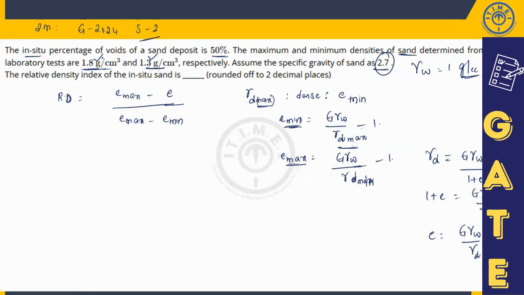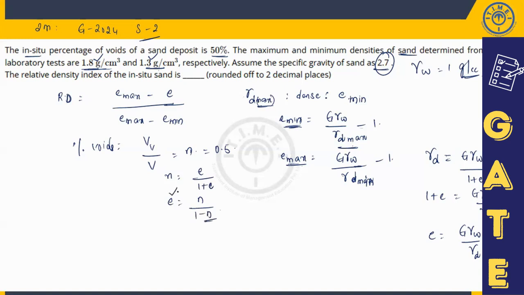Therefore, he had given percentage of voids of a sand deposit. Percentage of voids means volume of voids by total volume, that is porosity. Porosity is given 50%, 0.5. n is equal to e by 1 plus e, or else e equal to n by 1 minus n.